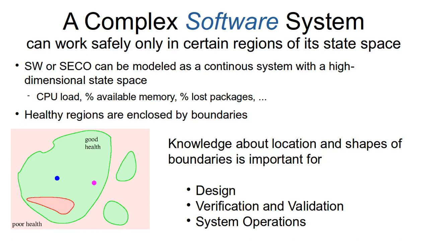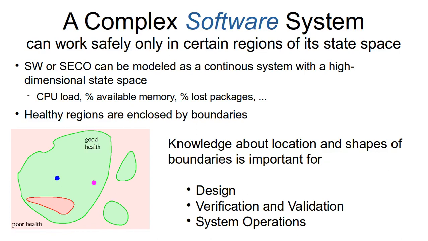For example, a continuous parameter describing such a system could be the CPU load in percent, the percent available memory, the percentage of lost packages.